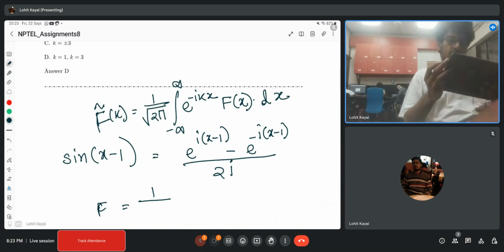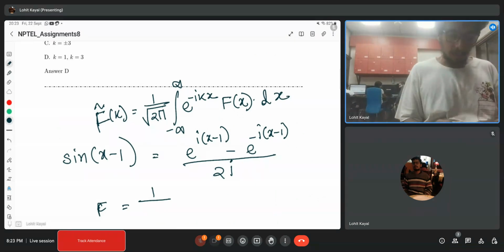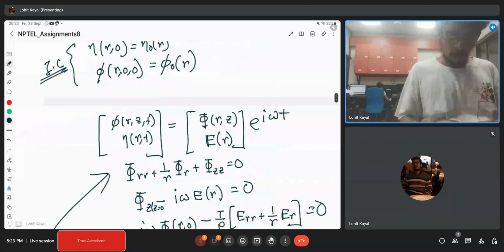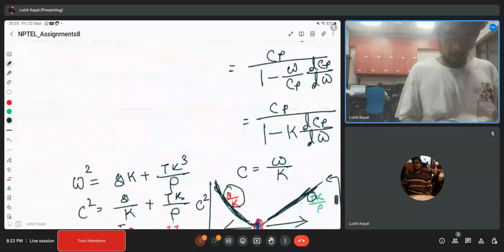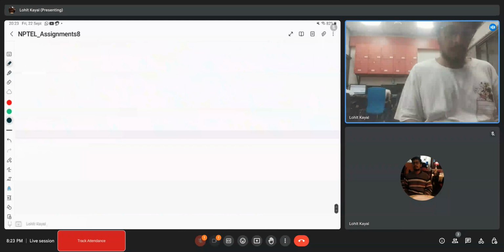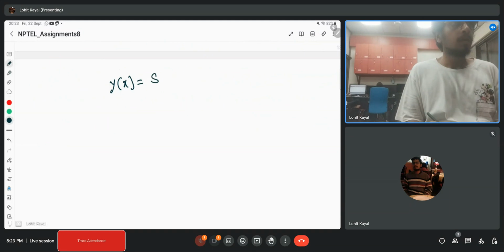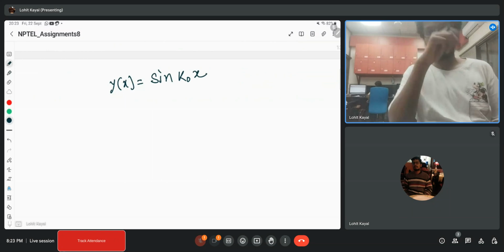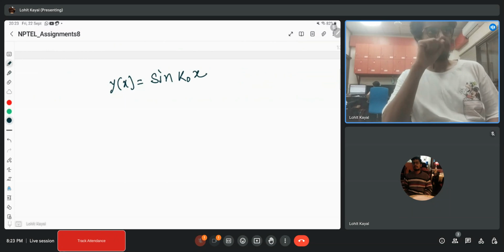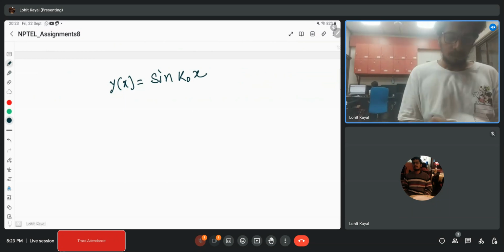Before doing this exercise, suppose we give you a function like y(x) equal to sin(k0 x). How can I write it?